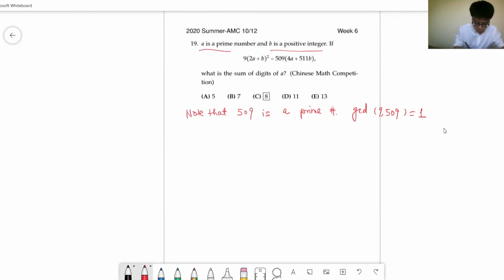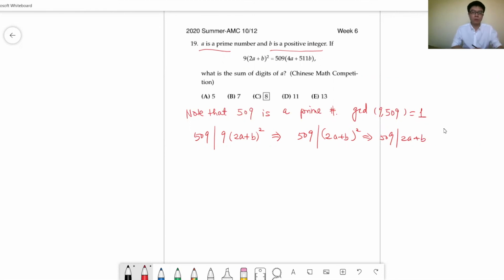For example, we know this equation is a multiple of 509. So 509 must divide 9 times (2a plus b) squared. And because 9 has GCD 1 with 509, that means 509 divides (2a plus b) squared, and that means 509 divides 2a plus b. So 2a plus b must be a multiple of 509.